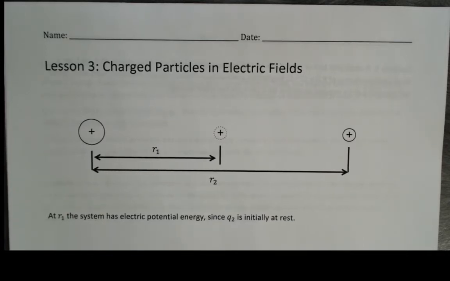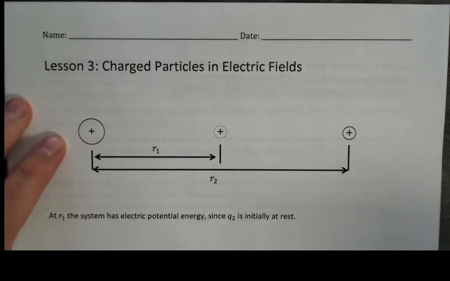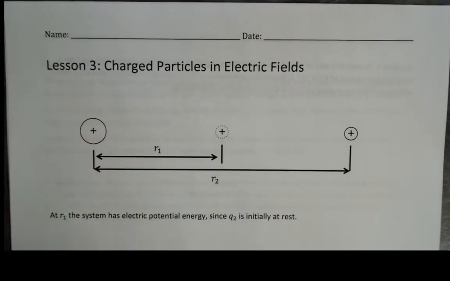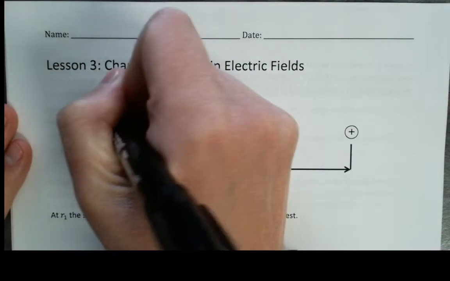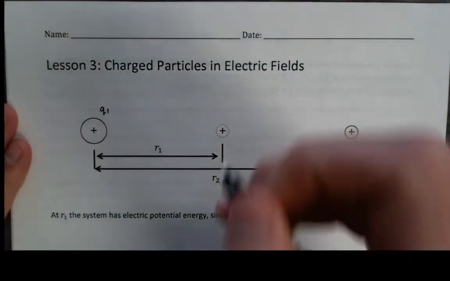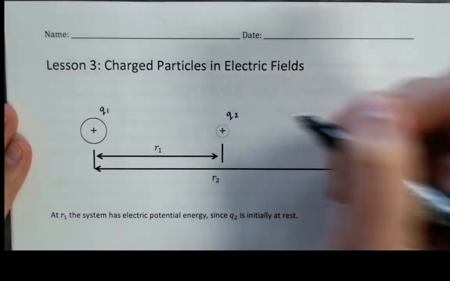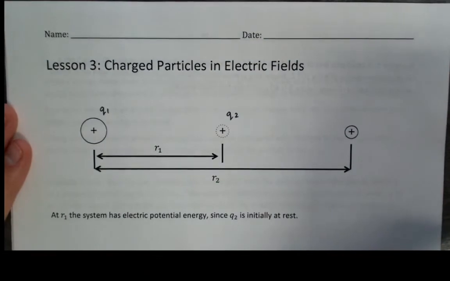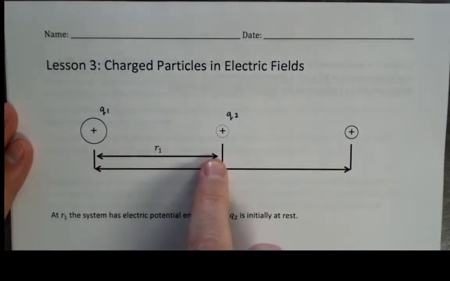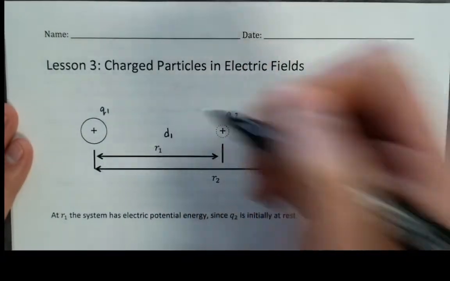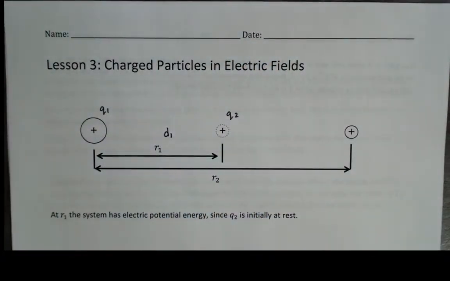So basically, this is Q1, or charge 1, and this is charge 2. So initially, R1 or D1 is going to represent the distance from charge 1 to charge 2 initially. It's going to be at rest.